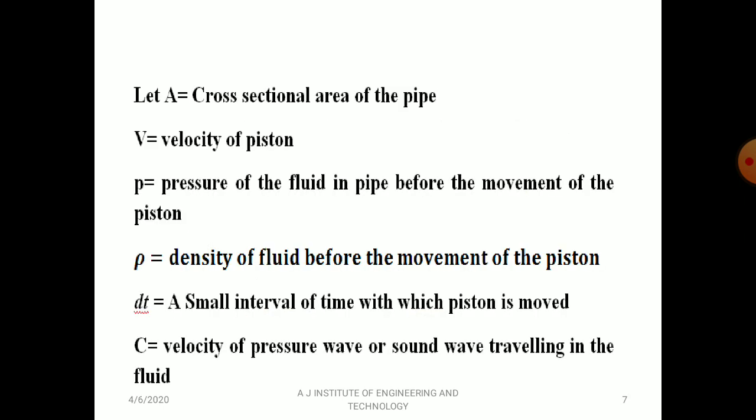Let A equal cross-sectional area of the pipe, V equal velocity of the piston with which the piston is going to move, P equal pressure of the fluid in the pipe before the movement of the piston, there is an initial pressure at rest, rho equal density of the fluid before the movement of the piston, there is an initial density, dt equal a small interval of time during which the piston is moved. So C equal velocity of the pressure wave or sound wave traveling in the fluid, or velocity of the disturbance.